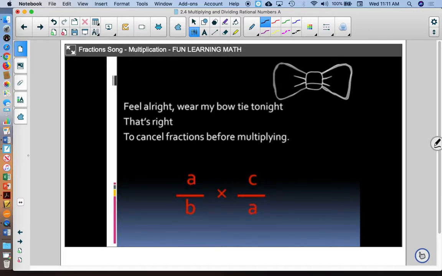Eventually you're going to be working with all the algebraic expressions, looking at the variables. It still works.